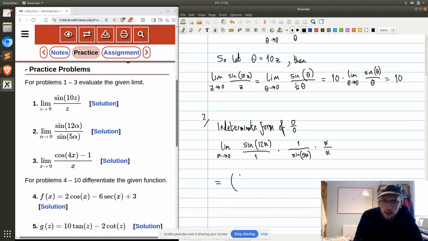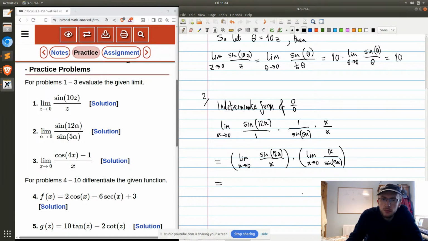And this is the limit as alpha approaches 0 of sine of 12 alpha over alpha times the limit as alpha approaches 0 of alpha over sine of 5 alpha. So for the first one, we can see that it's going to be 12.